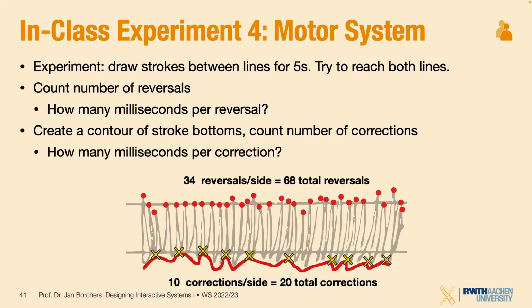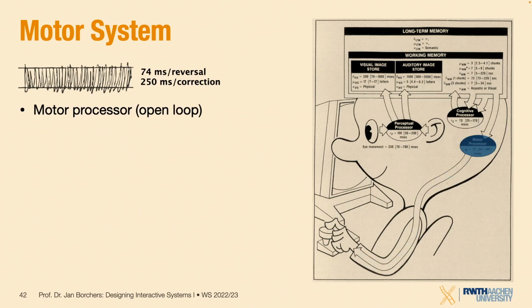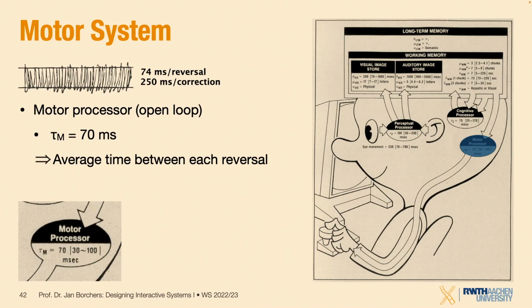So what we figured out is that this is the motor processor open loop, just making your finger wiggle at a 70 millisecond cycle time. That's the cycle time of the motor processor. This is how fast the motor processor can do something all by itself, and that's the average time between each reversal.